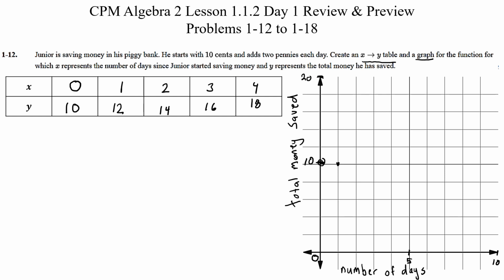So that entire day, he'll have that. Then on day 1, he'll have 12. Actually, let's back this up. It should be the other way around.